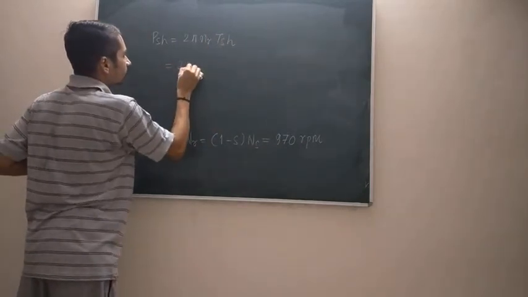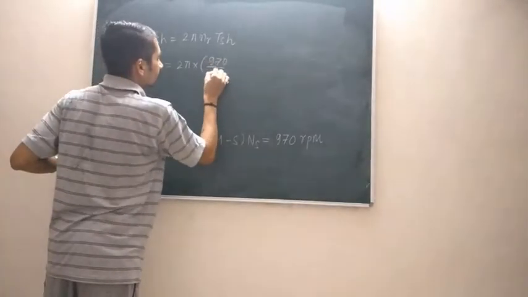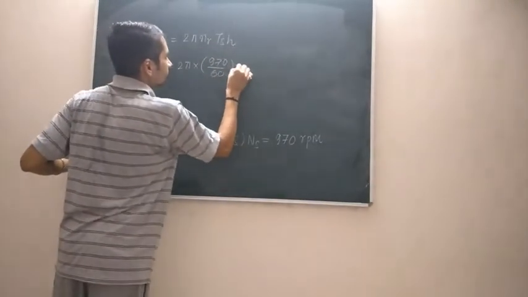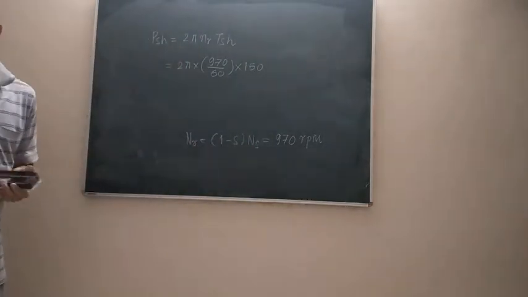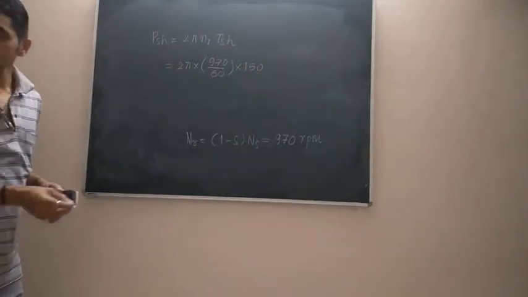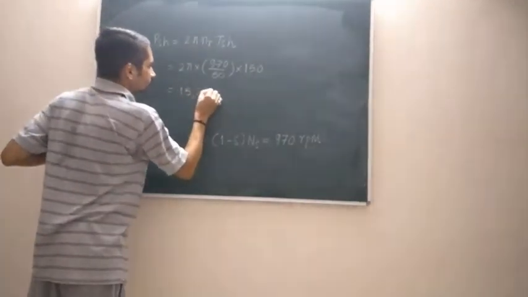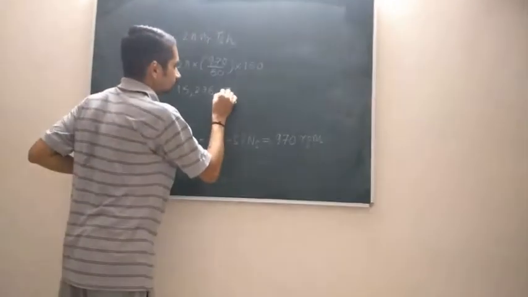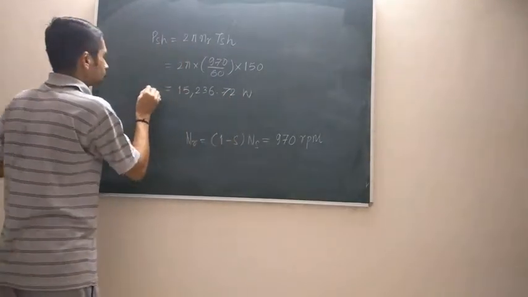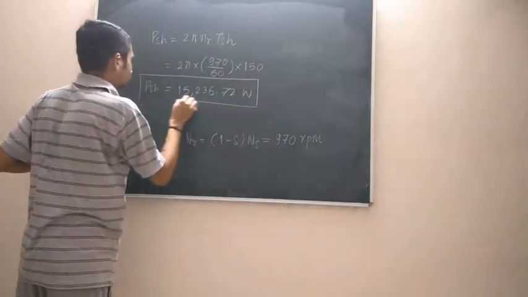So it will be 2 pi into 970 upon 60 into 150 Newton meter. The answer comes out to be 15,236.72 watts. So PSH is this much.